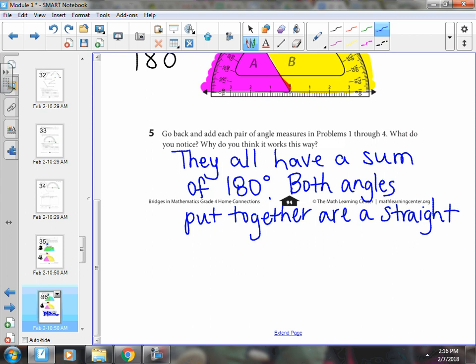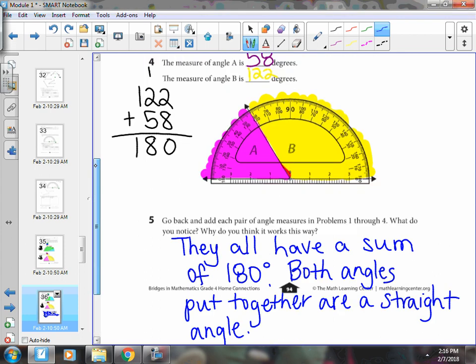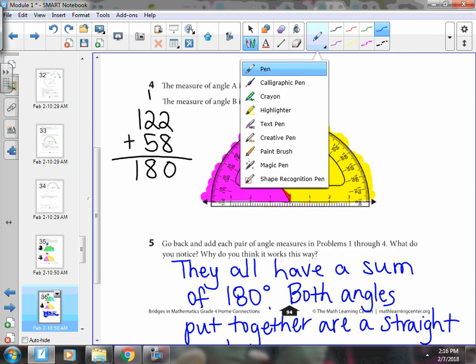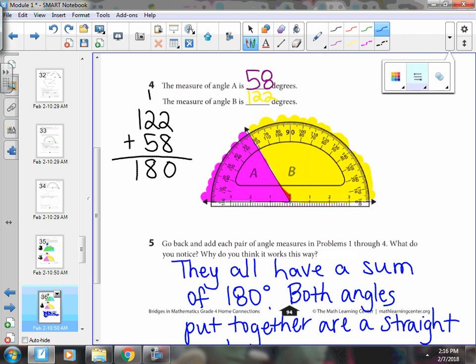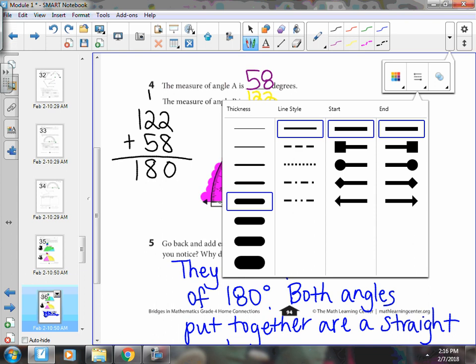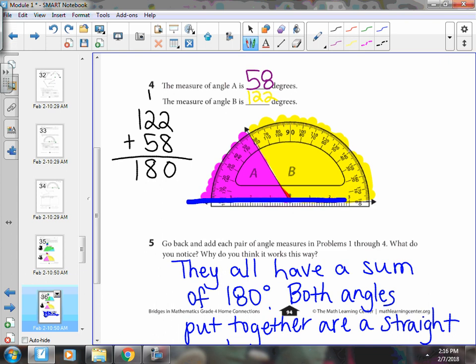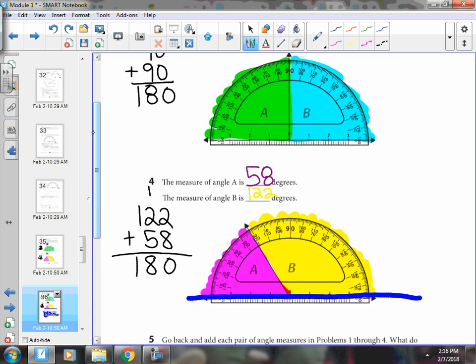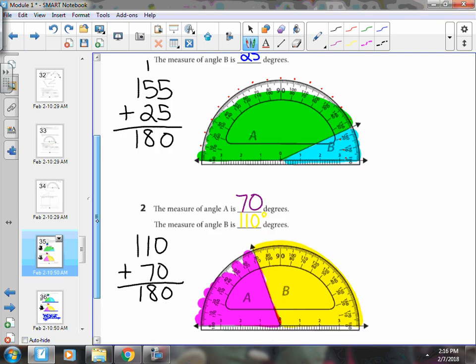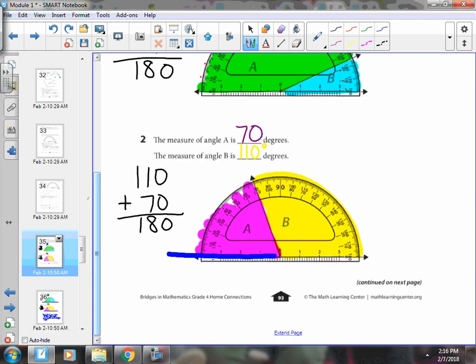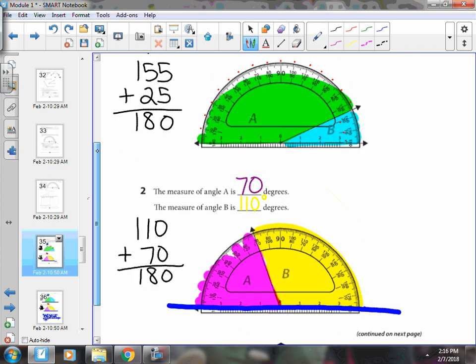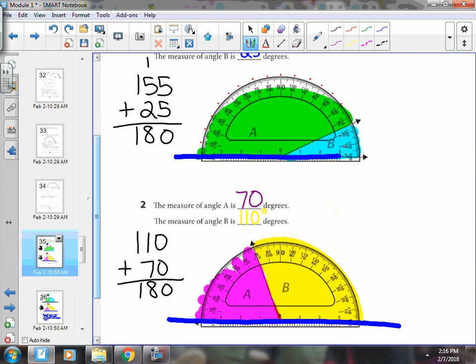Something like that would be a good answer. And you can tell if you look at all of these problems, if I look at both things put together, make this line a little bit thicker here, I can see both of those put together, that's a straight angle. Both of these put together, that's a straight angle. Both of these put together, that's a straight angle. And both of those put together, that's a straight angle as well.